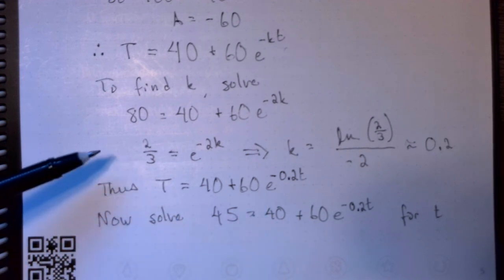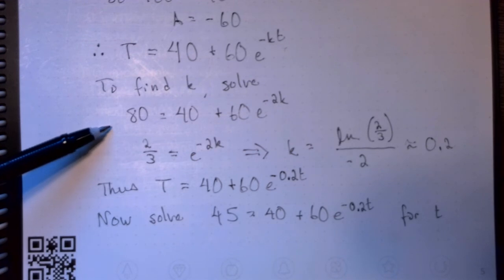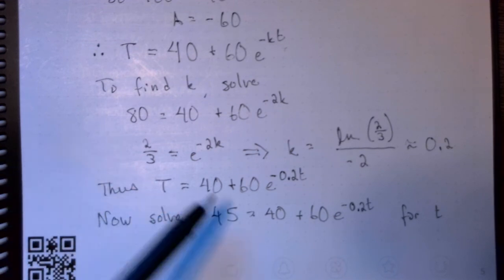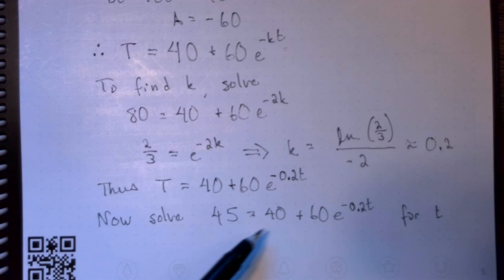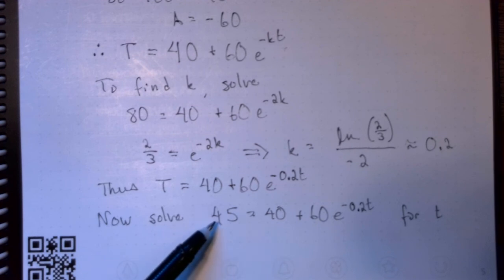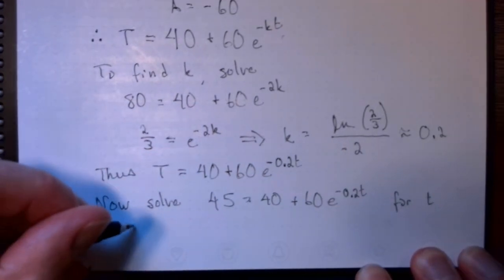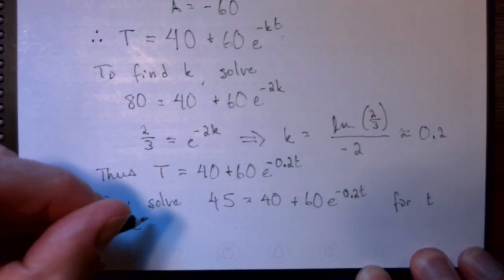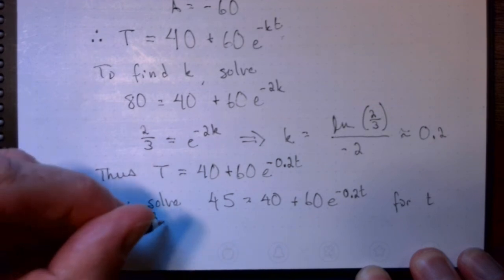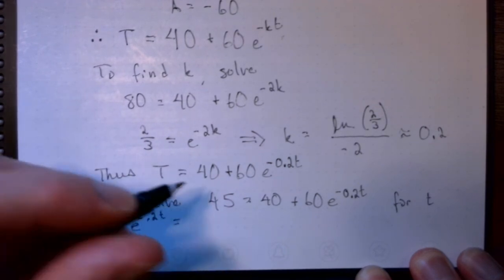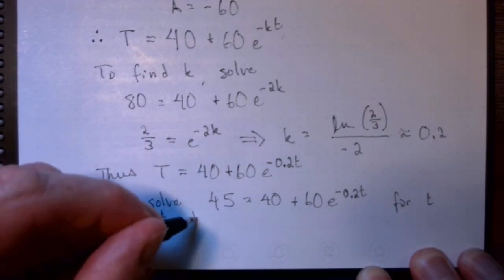It's actually going to be a very similar process to solving this equation right here. We would subtract 40 from both sides. That leaves me with a 5 over here. Divide by the 60. So we'd end up with this, e to the negative 0.2 t equals now 5 over 60, that's 1/12.